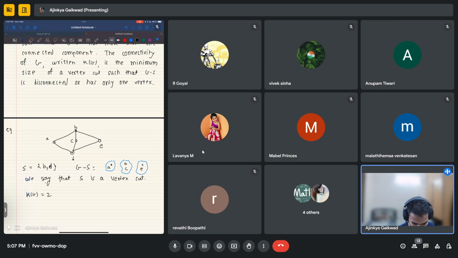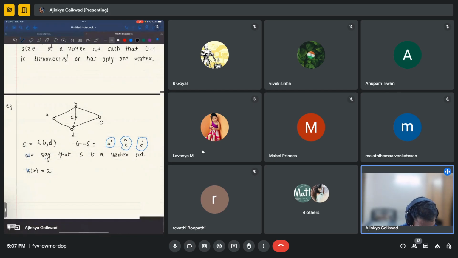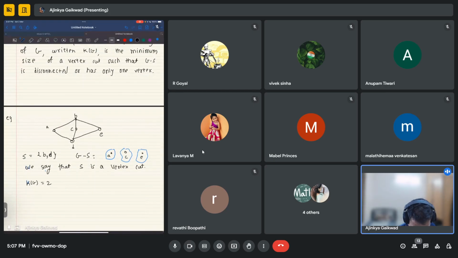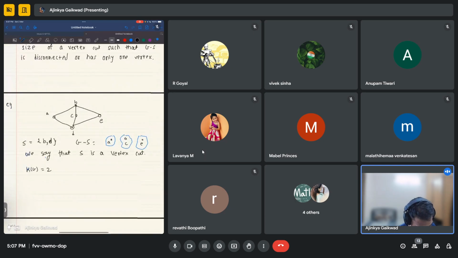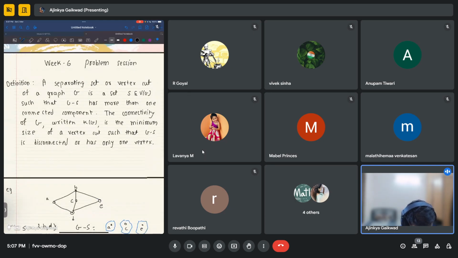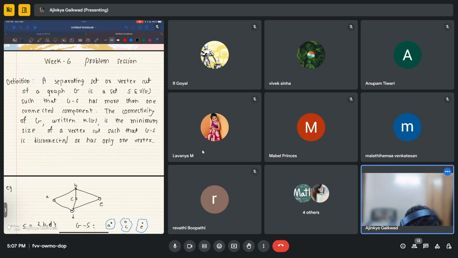Now let me put one more line: a graph is k connected if its connectivity is at least k.